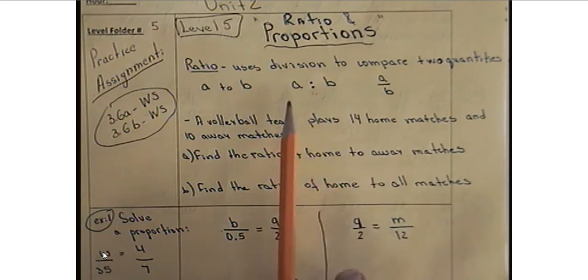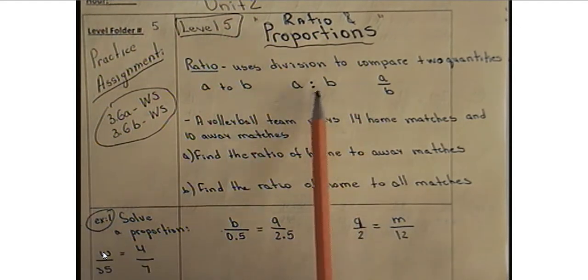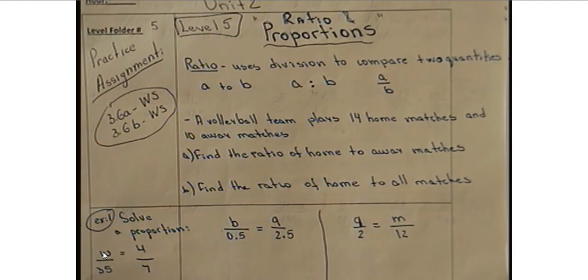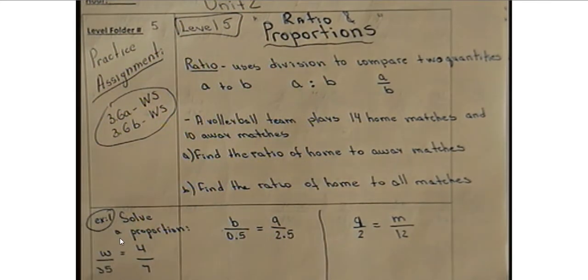So a to b is how we read it, and this also represents ratio. Just like division sign, if you have a divided by b, this whole thing you can set up as a ratio. But those are the most common symbols that are used to represent a ratio.